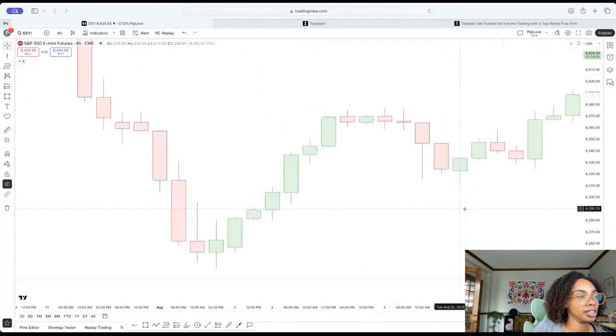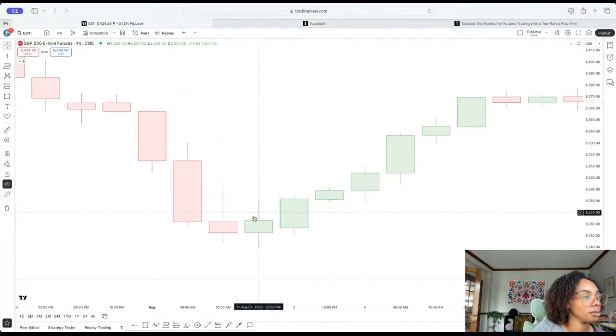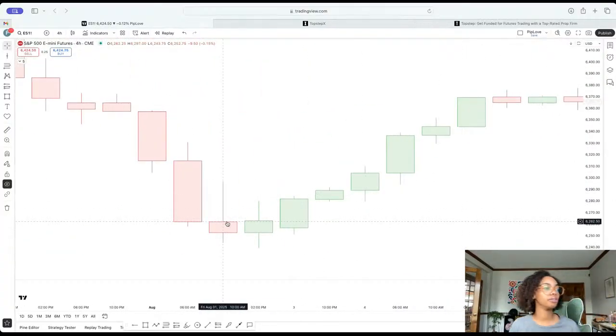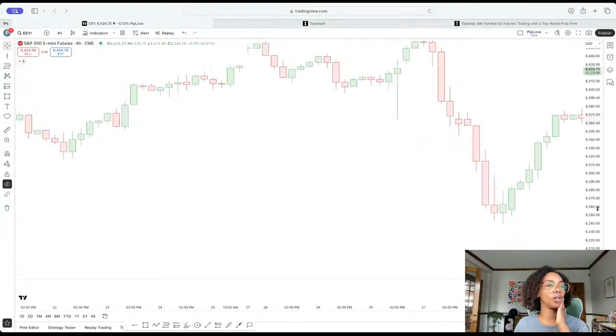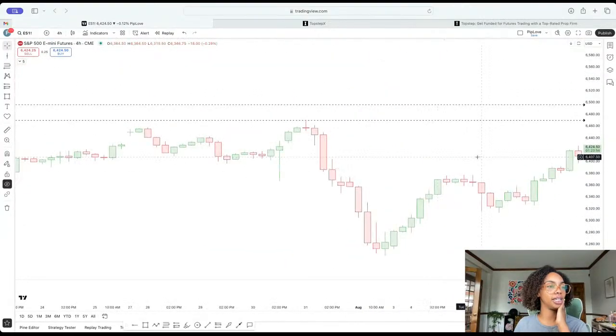This green candle was higher. It did close higher than the previous red candle. Then we had this nice engulfing candle. This would have been our indication that the market is now reversing. We're going back into our buys. We're having all of these nice 1, 2, 3, 4, 5, 6, 7 4-hour green candles.